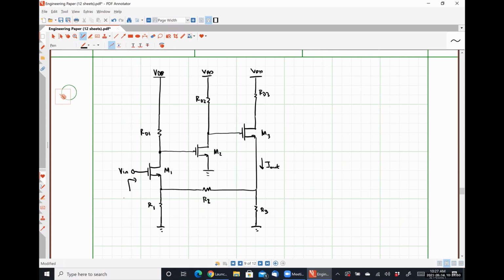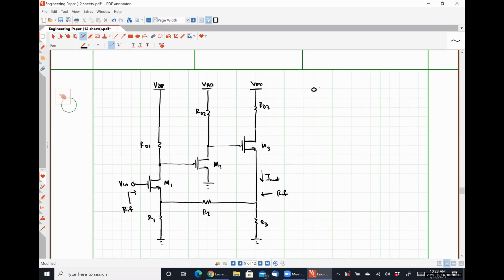This is where we would see RIF, looking in through this short circuit is where we would see the resistance ROF. So our feedback network looks like this.